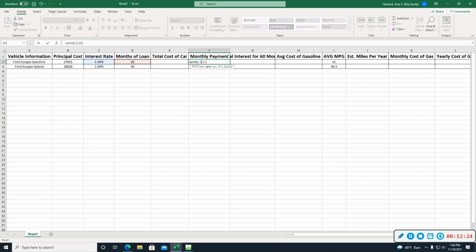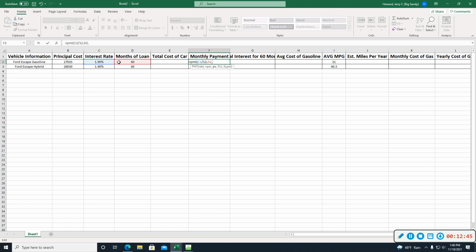And the first thing I need to also do, before I get too far out here, is this C2 over here, interest rate. I need to divide that, because that's monthly. I need to divide that by 12. Okay? Parentheses. I don't have to have a parenthesis there.